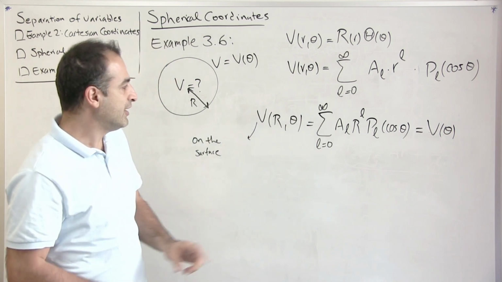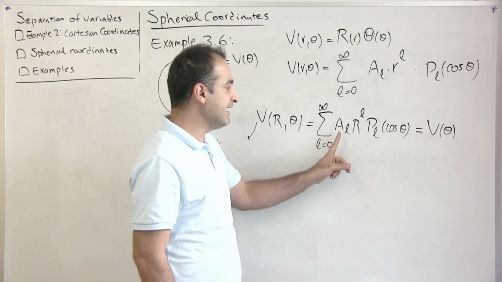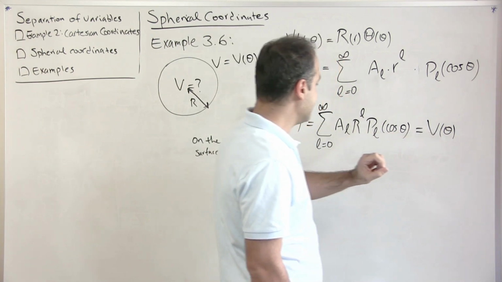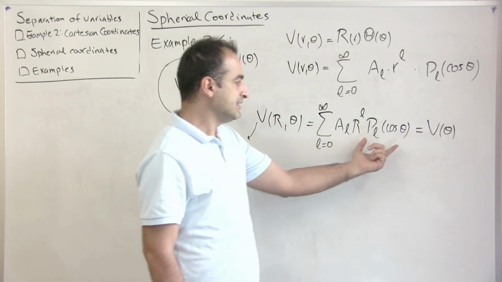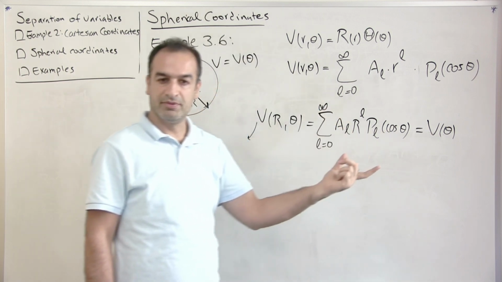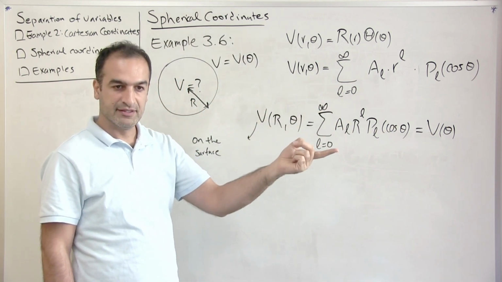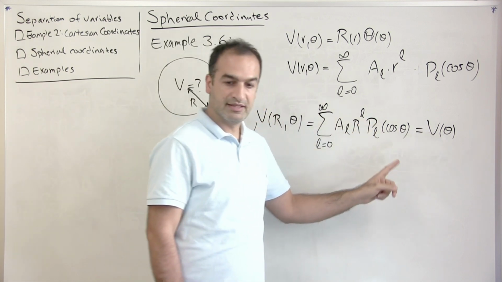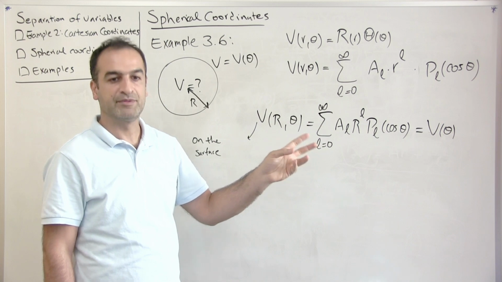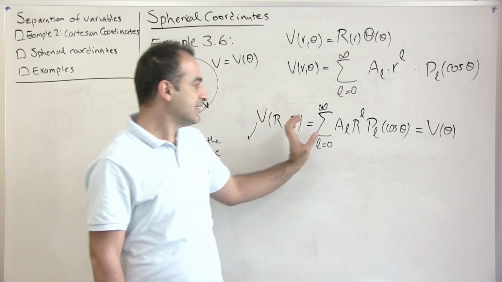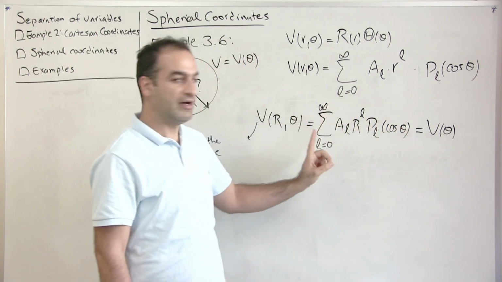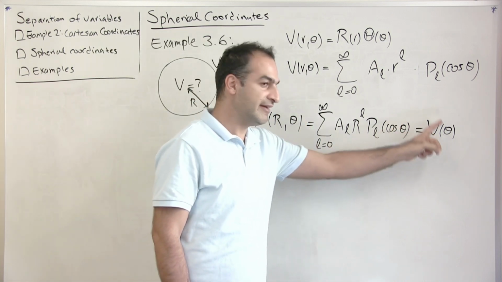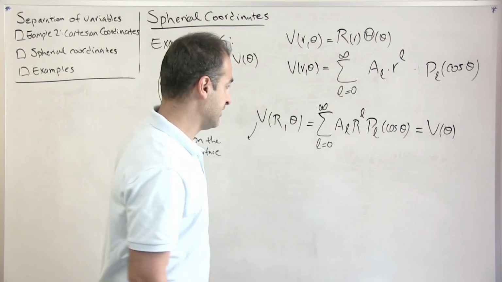Okay, so if you want to really find the values of AL in a way that this series meets the boundary condition with theta, we can multiply this by another Legendre polynomial of a different order, let's say PL prime. You multiply both sides by that and you can integrate that, okay? And that way you can eliminate this sum and only keep one term, and that allows you to write AL as a function of other variables and summation.